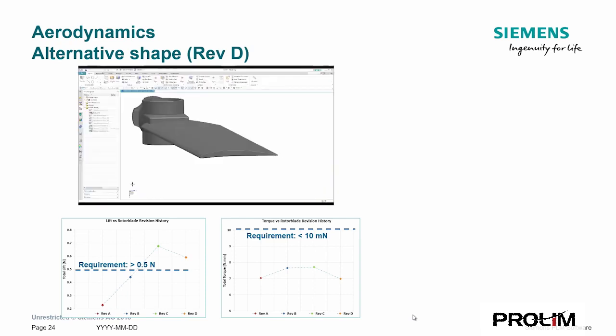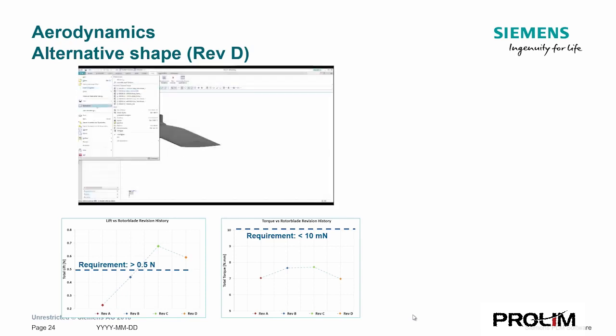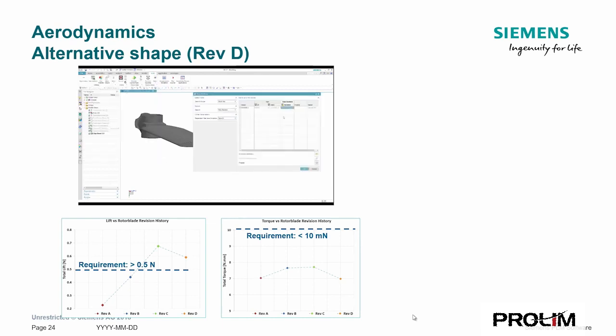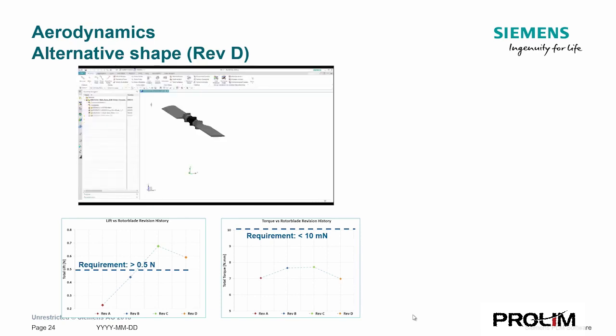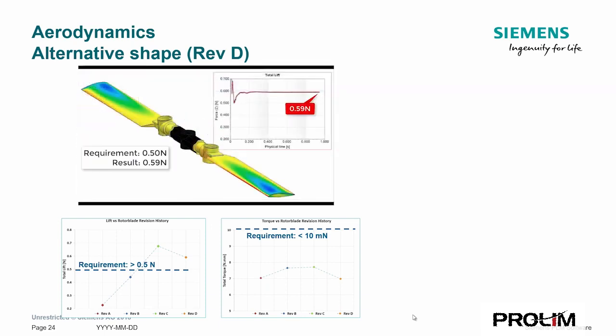So quickly opening up the rotor blade model again, updating it with the parameters for the next most feasible option, and quickly running the FlowEFD simulation again, reveals that yes, we are effectively passing the requirement.